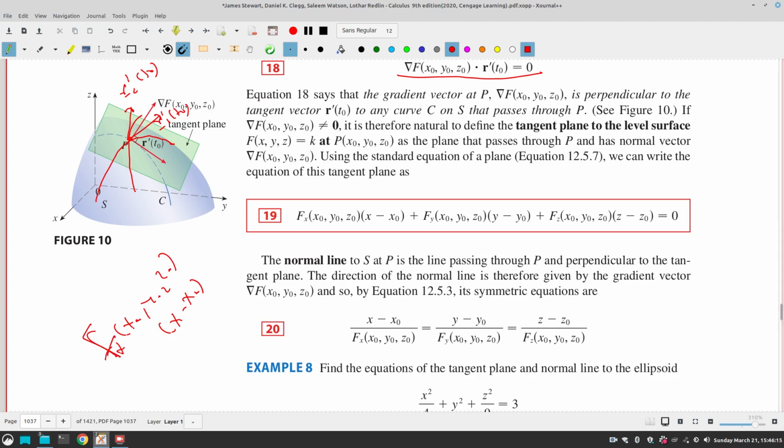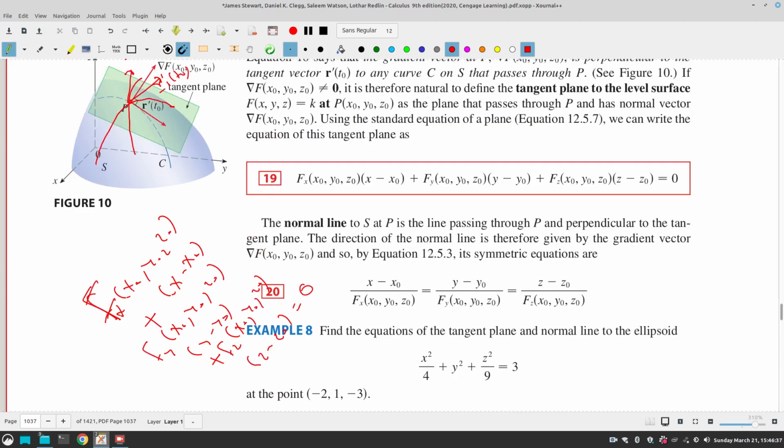So here we're dealing with capital F, plus fy x naught, y naught, z naught times y minus y naught, plus fz x naught, y naught, z naught times z minus z naught equals 0. So this is a dot product.